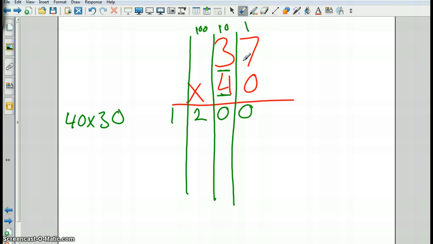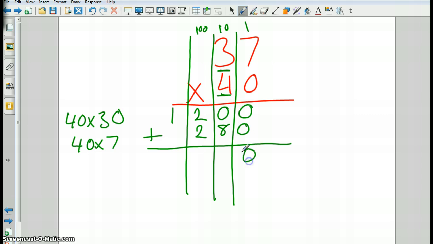And then my second part is 40 times 7. 7 times 4 is 28, and the 0 is 28 tens. So that 8 is in the tens place, and the 0 to help hold it there, 280. I add those two products together, and I get 1,480.